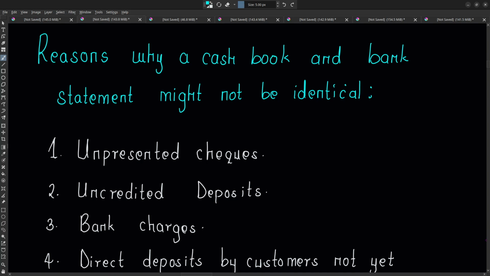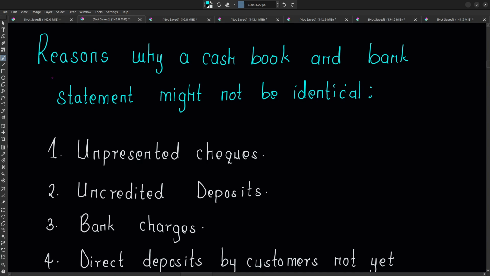The cash book maintains transactions happening in a bank, and the bank statement, on the other end, which is an external document from the bank, may have a different balance. This happens and it is normal, and I will explain why. That is why we have to do a bank reconciliation. We see what is causing this difference in balance between the cash book and the bank statement.